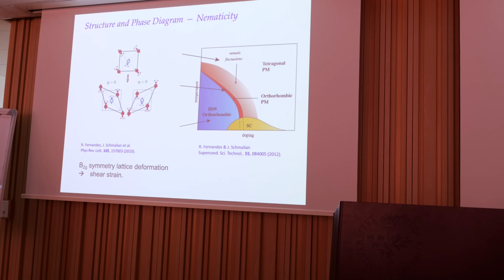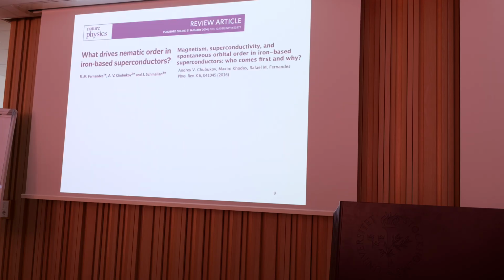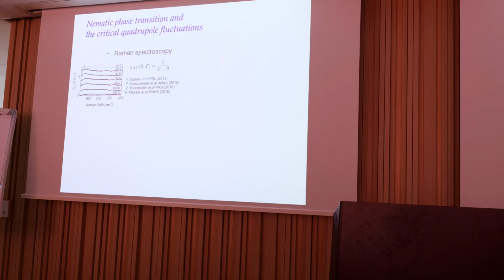And the lattice couples to that, so the lattice actually knows about that, so there is a broken symmetry both in the lattice and electronic response. And there are some quadrupole lattice distortions associated together with electronic fluctuations. There's also always the question of what drives this nematic transition, what is most responsible: is it the effect of electrons, of spin, or of the lattice.